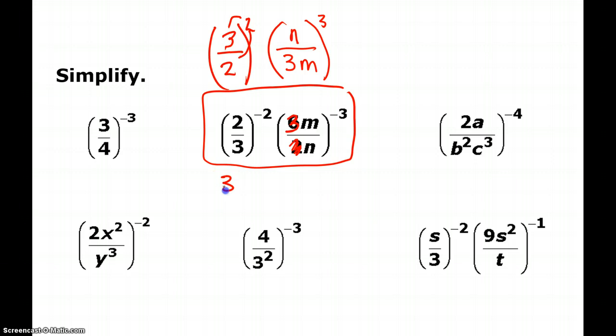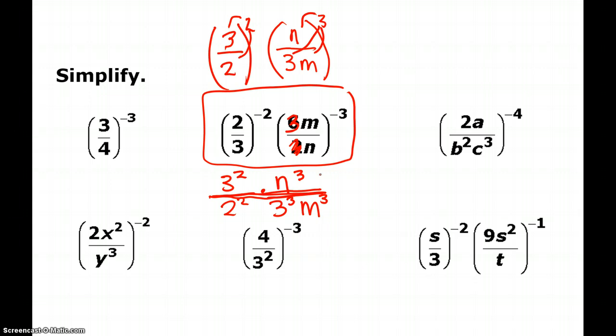And now I'm going to follow the last rule, number 7, and do this right here. So I'm going to have 3 squared over 2 squared. And I'm going to have n cubed over 3 cubed over m cubed. And then I can mush all that stuff back together. So it just becomes one giant thing all stuck together.